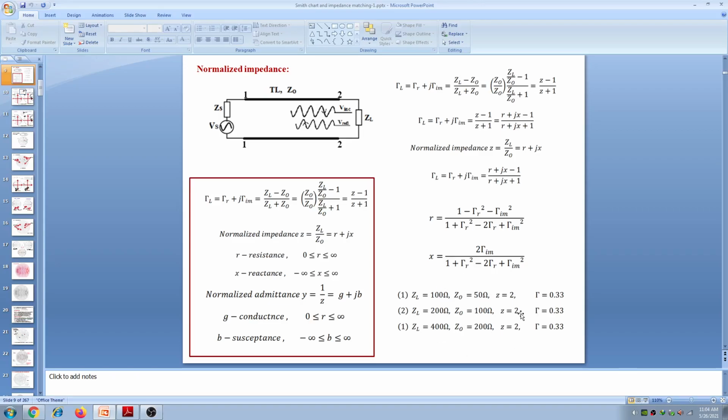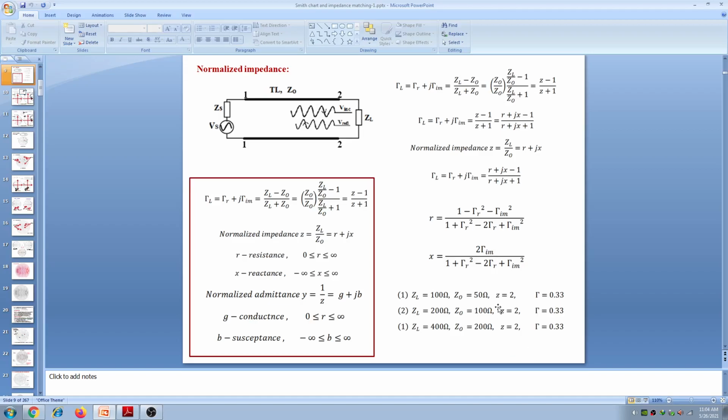If a normalized impedance is given, you can find out the reflection coefficient, and also the value of ZL. Normalized impedance multiplied by Z0 gives the actual value of ZL. If the normalized load is given, ZL normalized with respect to Z0, how do you get ZL? Just multiply the normalized impedance by Z0, and you will get the value of ZL.